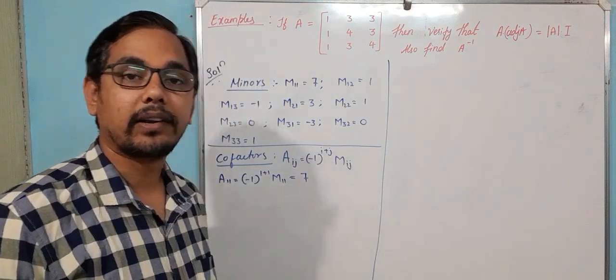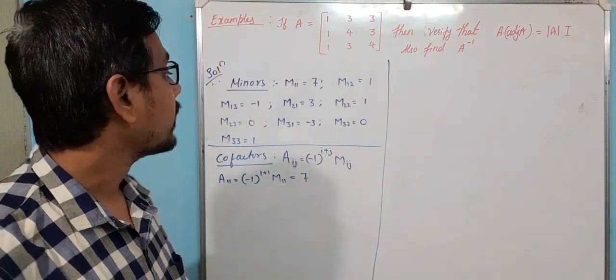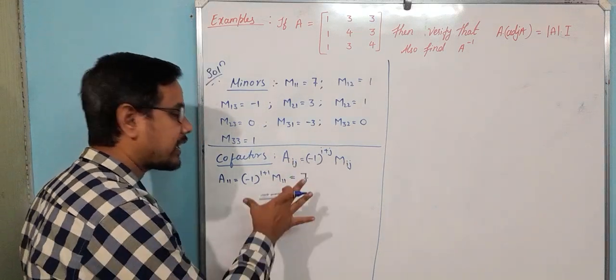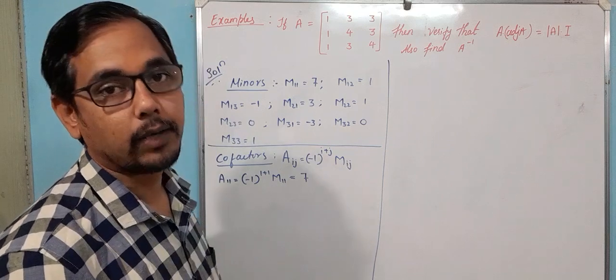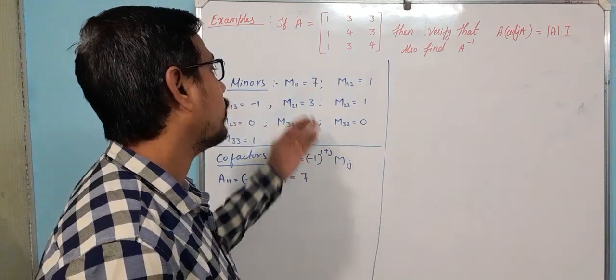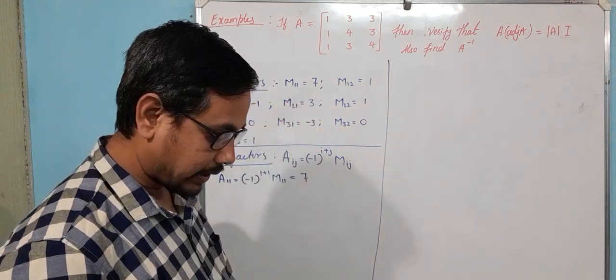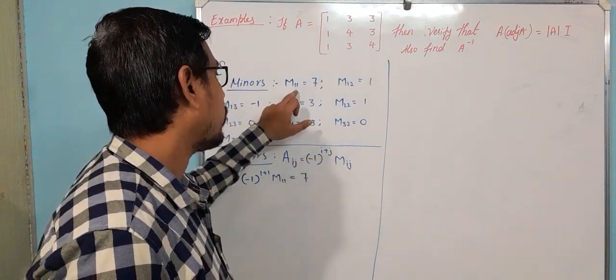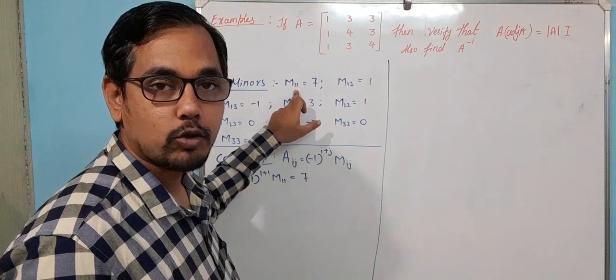The other method, directly you can write. As I said, you can follow this method, apply the formula and calculate it, but I will write it directly. What was the trick to write directly? Once you calculate the minors, directly you can write the cofactors. For A11, i plus j is 2, which is even.